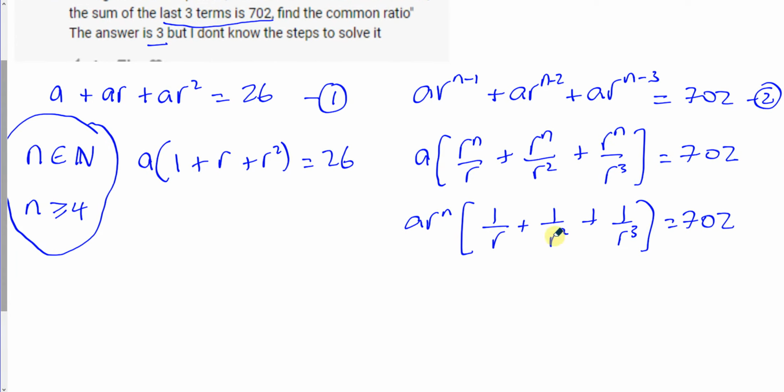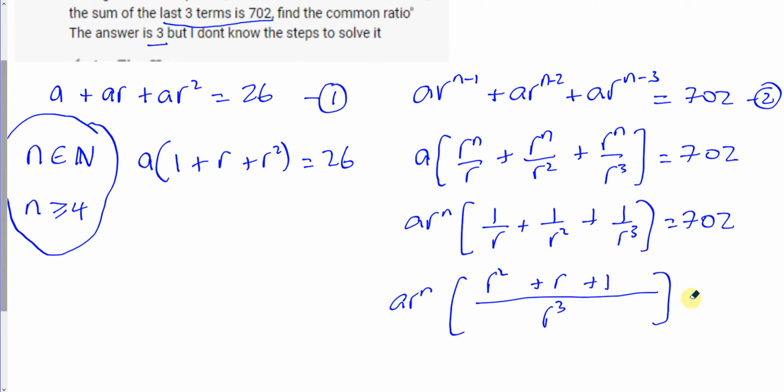If I do that, you see something interesting happen. The LCM of the denominators is r cubed, so this has to be multiplied by r squared, this by r, and this by 1.